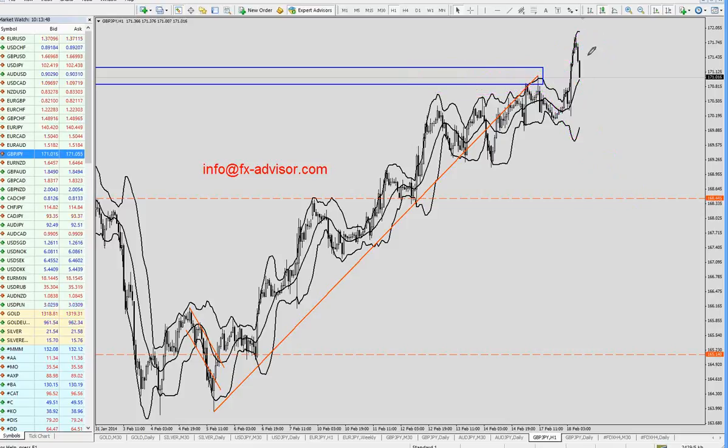So we have to be extremely careful. We are going to watch the number. Most probably, if the CPI from the UK is going to be negative for the British pound, we are not going to be able to open the short position immediately because of the gap.